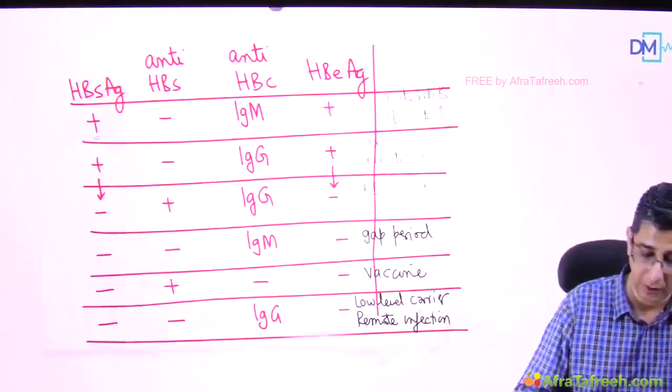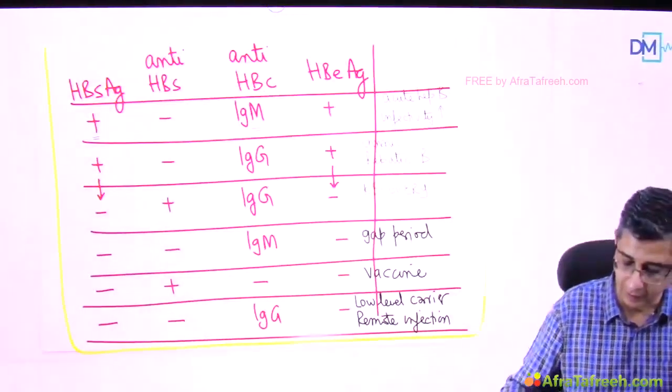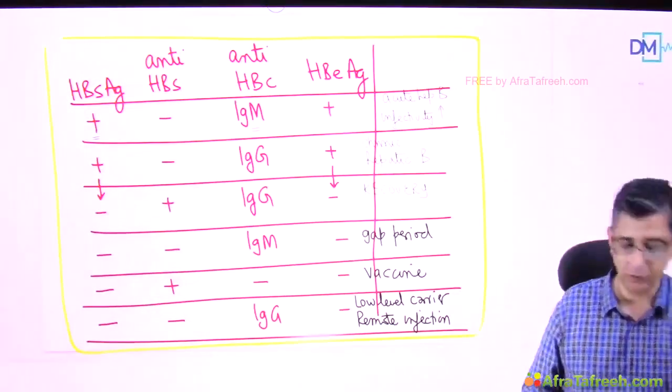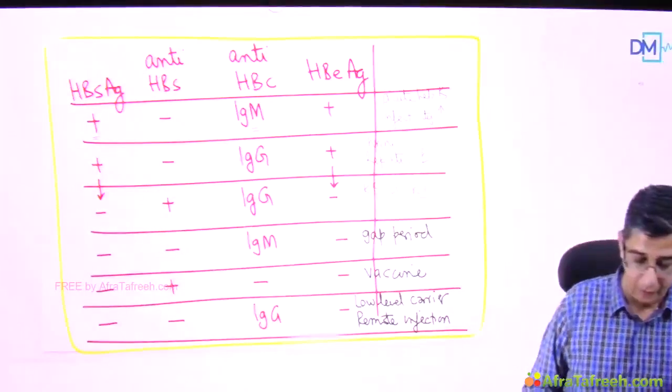So this table that I have just made before you, I would like you to make this table once again, so that if they give you questions on this scenario, you are able to identify this. What you learned from this table is the following information. I'll highlight the important ones.